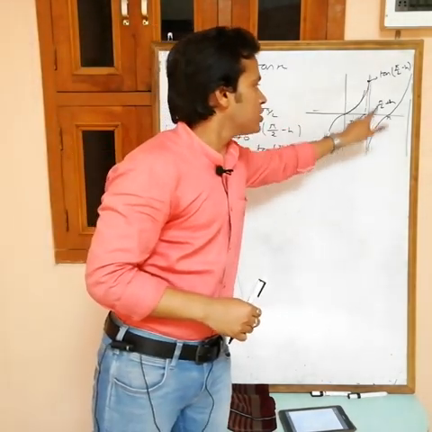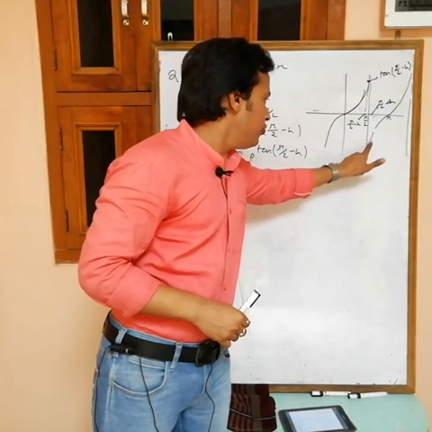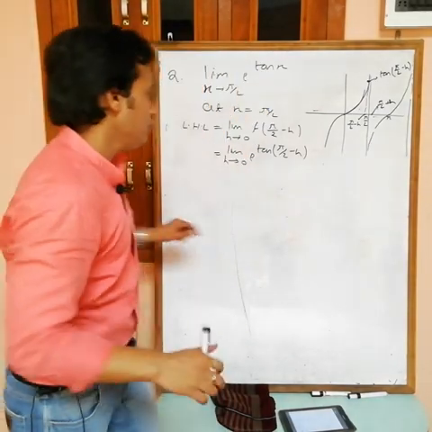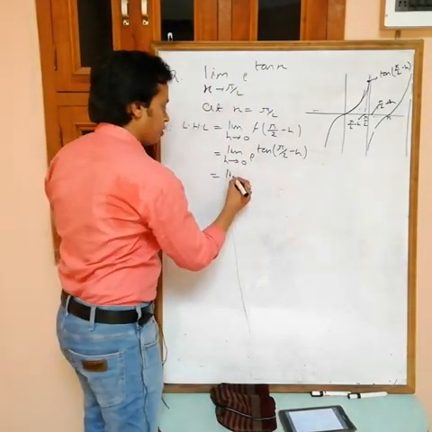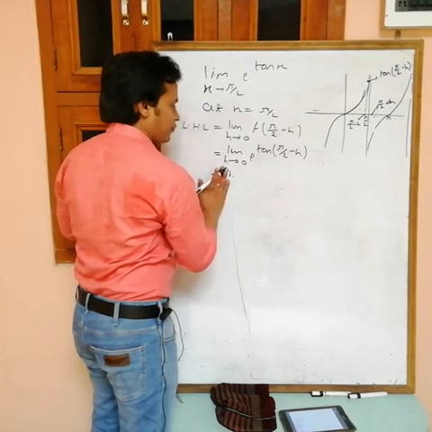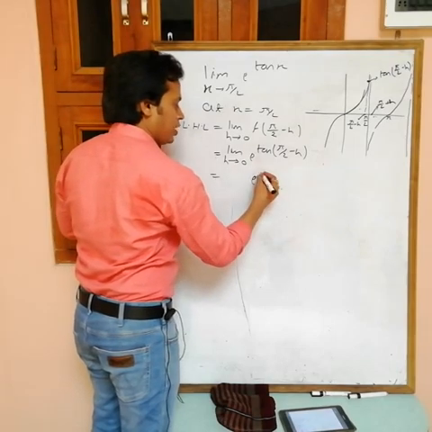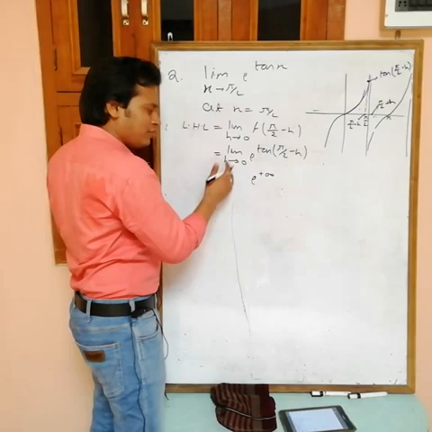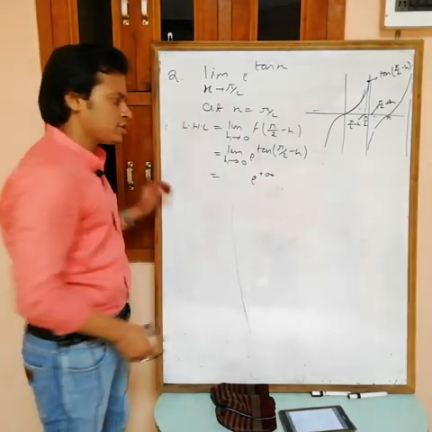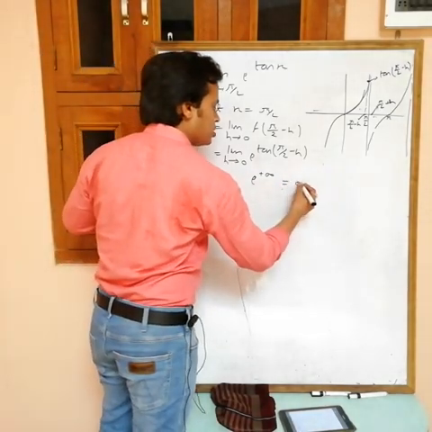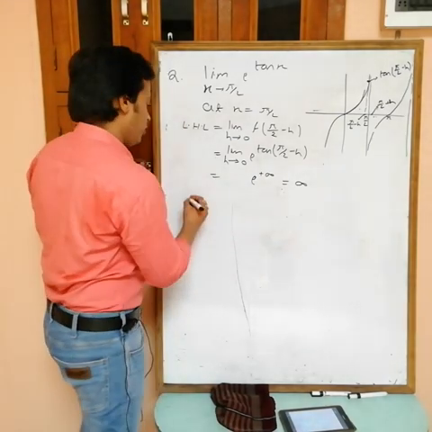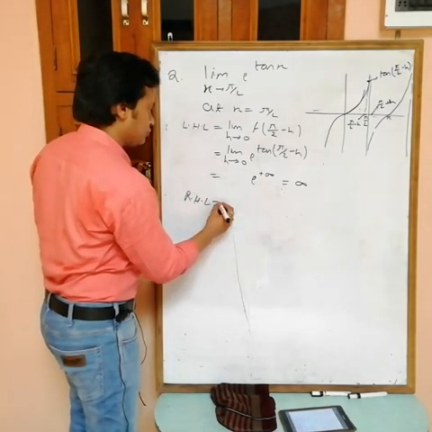Just before pi by 2 we have plus infinity, just after pi by 2 we have minus infinity. So limit h tending to 0, e power tan of pi by 2 minus h, is plus infinity. Now there is no need to write h because there is no h now, and e power plus infinity is infinity. Okay, now find RHL.